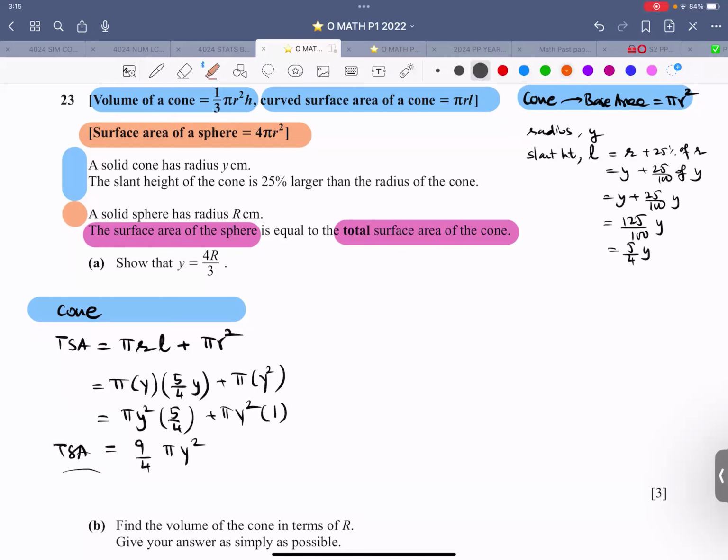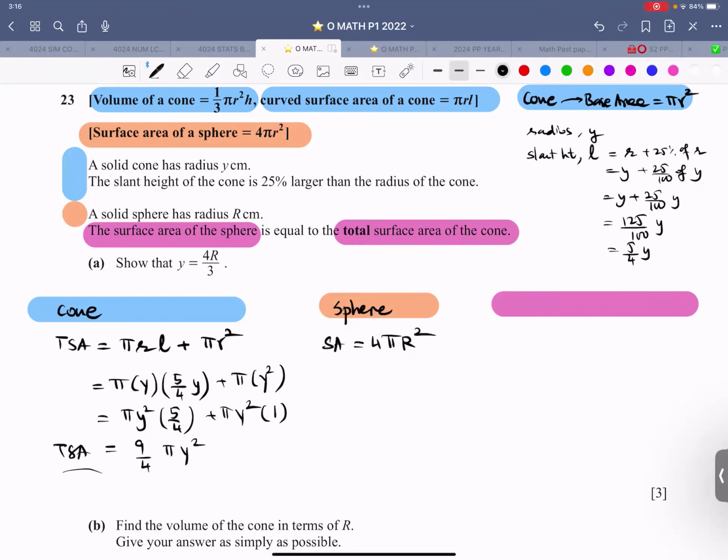When we talk about the sphere, the curved surface area, that sphere is all curved. So the surface area is 4 pi capital R square. Okay. Now it says the surface area of the sphere is equal to the total surface area of the cone. So now form the relationship between the two.